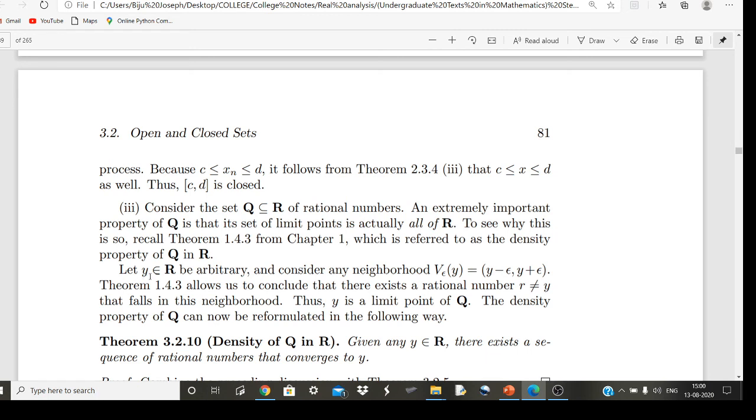Therefore, this y is a limit point of Q. Since y is an arbitrary point of R, every point of R is a limit point of Q. Therefore, Q dash will be equal to R. And therefore, Q closure will also be equal to R.